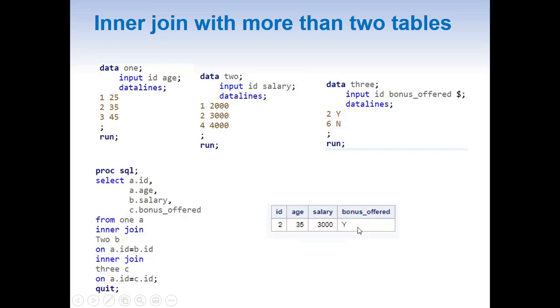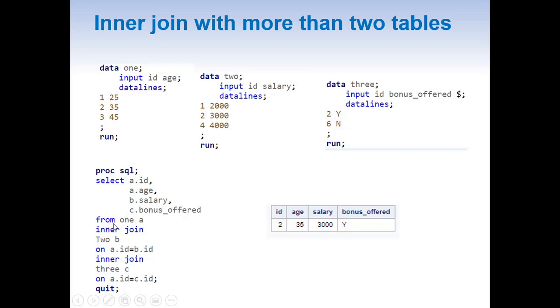Now let us also quickly try to understand how we are going to get our results. When we are doing these joins which have more than one table, we need to understand that this takes place in a step-by-step fashion. What is that step-by-step fashion?